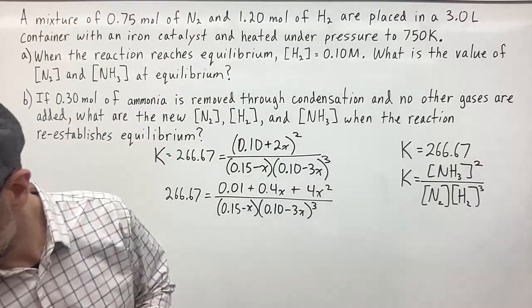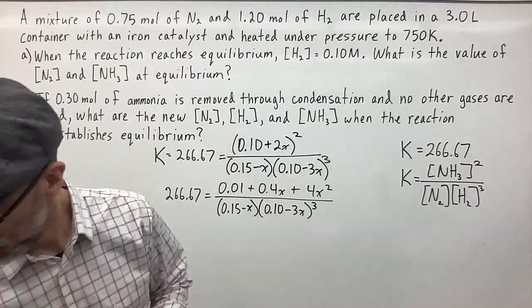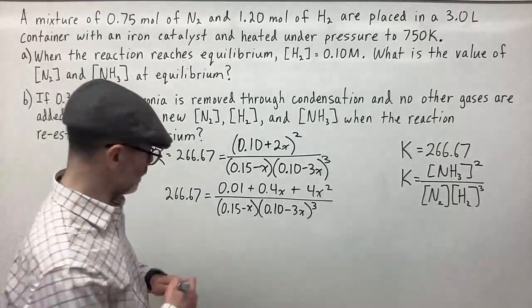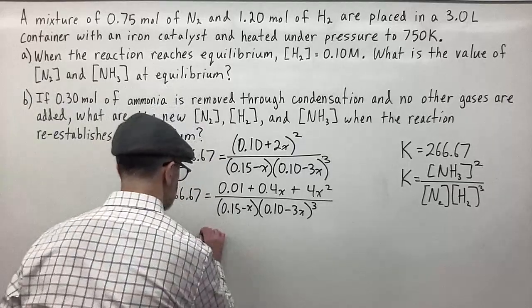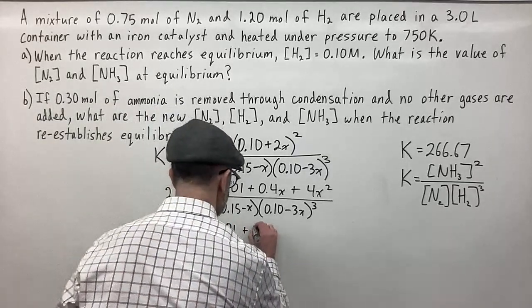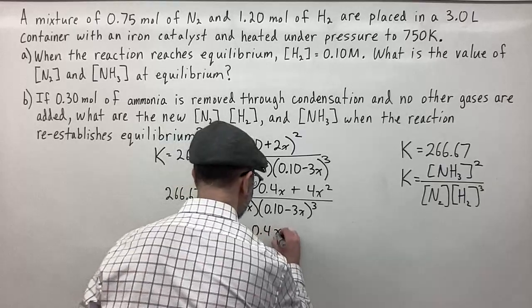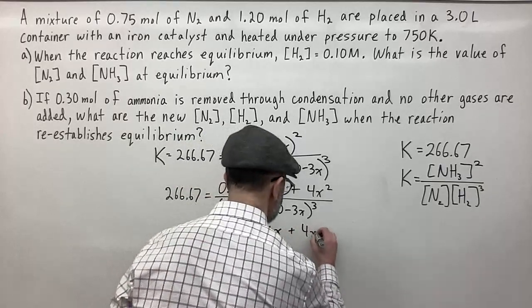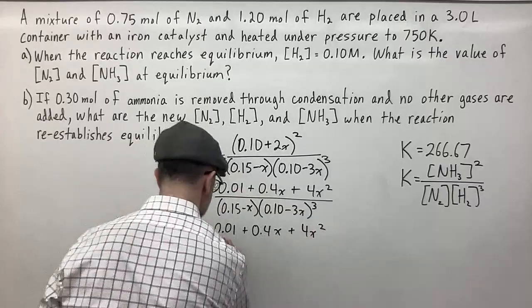Let's see what we got here. Okay, so when you go ahead and do this, this is going to be equal to 0.01 plus 0.4x plus 4x squared.